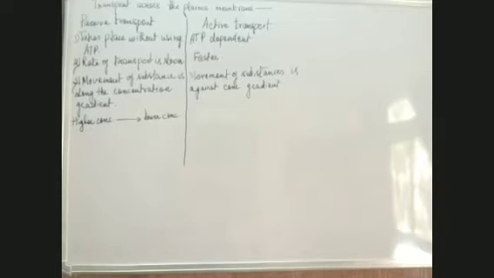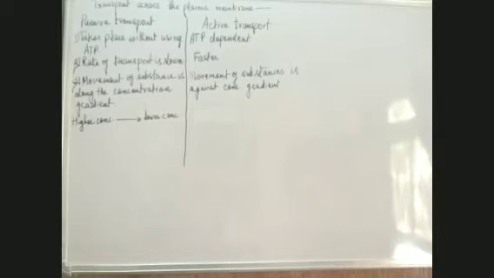Okay, then next is, in case of passive transport, it's not necessary that the two areas or the two types of substances are separated by a semi-permeable membrane. That means it's not necessary that a semi-permeable membrane is present.